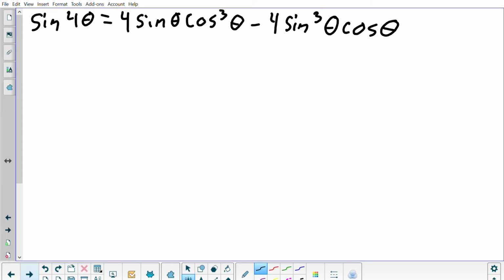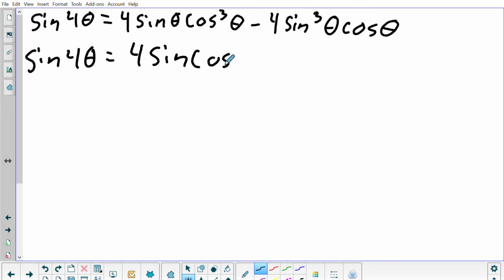Okay, for our last one, I'm looking at these and saying, what can I factor out? Well, there's a 4 in both, there's a sine in both, and there's a cosine in both. So I have 4 sine cosine. What would be left from here is cosine squared.